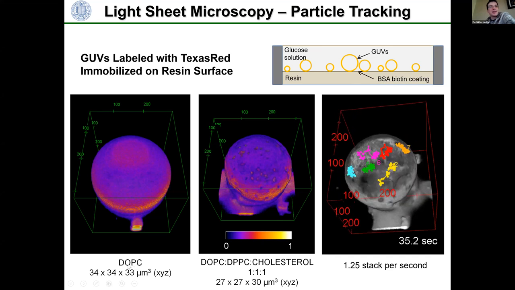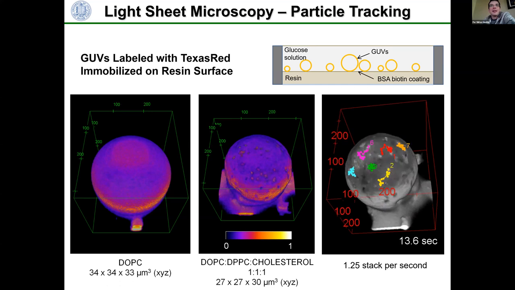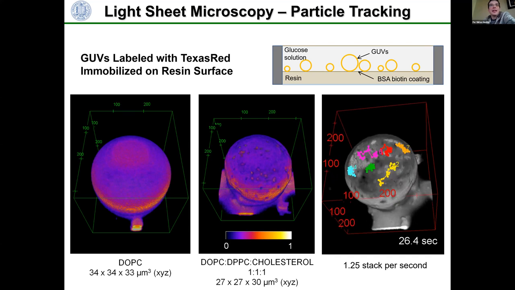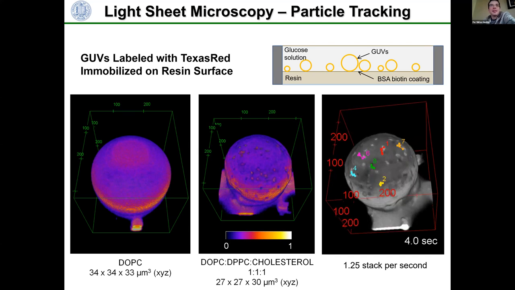One is just one lipid, DOPC, which is fluid, and then a mixture of DOPC, DPPC, and cholesterol, where you have phase separation, which forms these kinds of domains. They have different affinity for the dyes, so that's why you can see them.